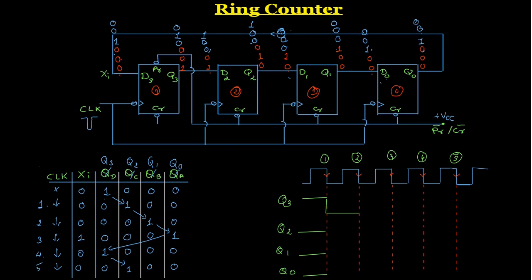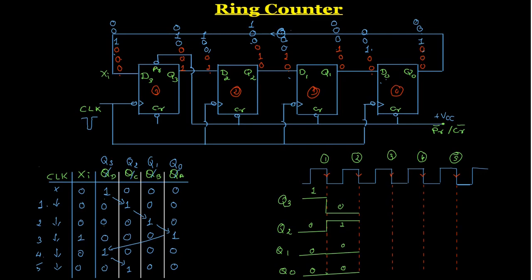At the end of the first negative edge, Q3 is 0; initially it was 1, and these are 0, 0, 0. Then what is the position of Q2? Q2 becomes high, and Q1 and Q0 are 0, correct? So here you see this is 1, 0 and 0.